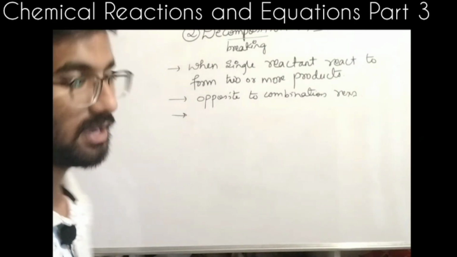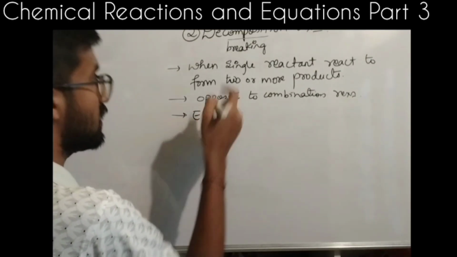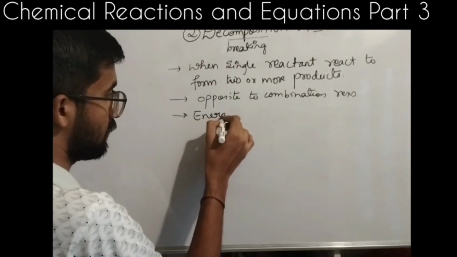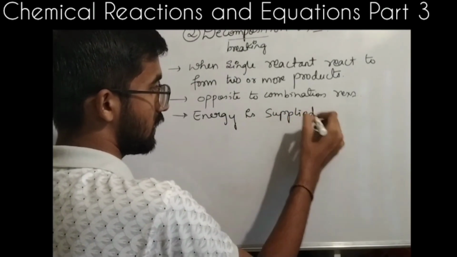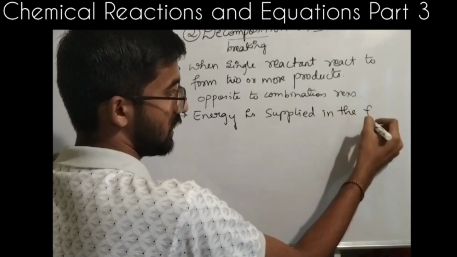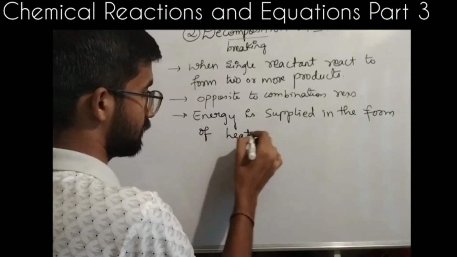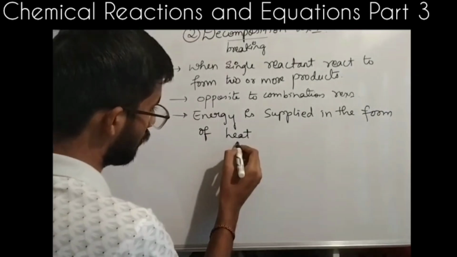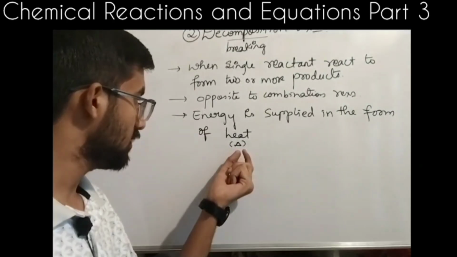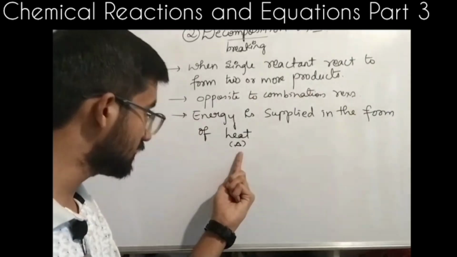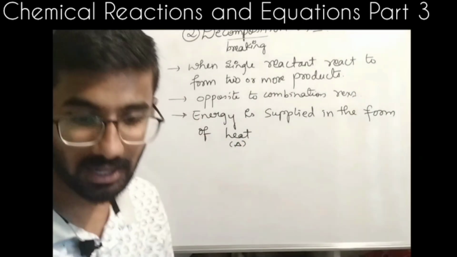Is it clear? In simple terms, in decomposition reaction, energy is supplied in the form of heat. The heat symbol is always shown like this: when you see a triangle symbol above the arrow mark, you should understand that it is heat.